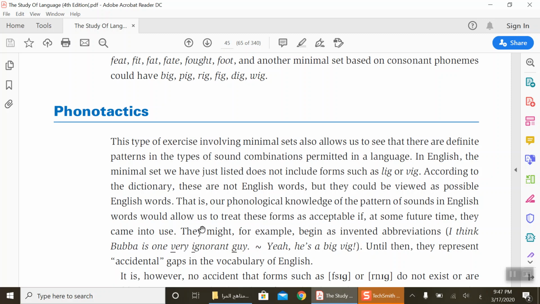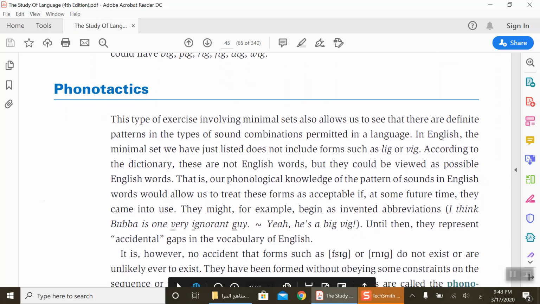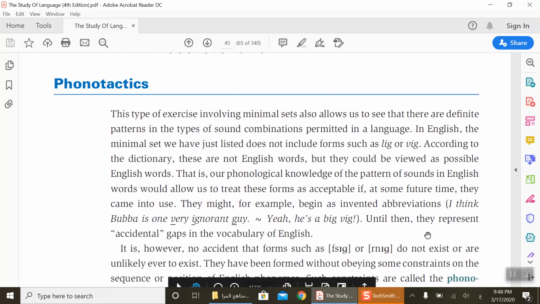Maybe in the future we will have these words, مثلا ممكن يصير عندنا lig or fig. They might, for example, begin as invented abbreviations. I think Baba is one very ignorant guy. Yeah, he is a big vig. Maybe. Until then, they represent accidental gaps in the vocabulary of English. Accidental gaps.